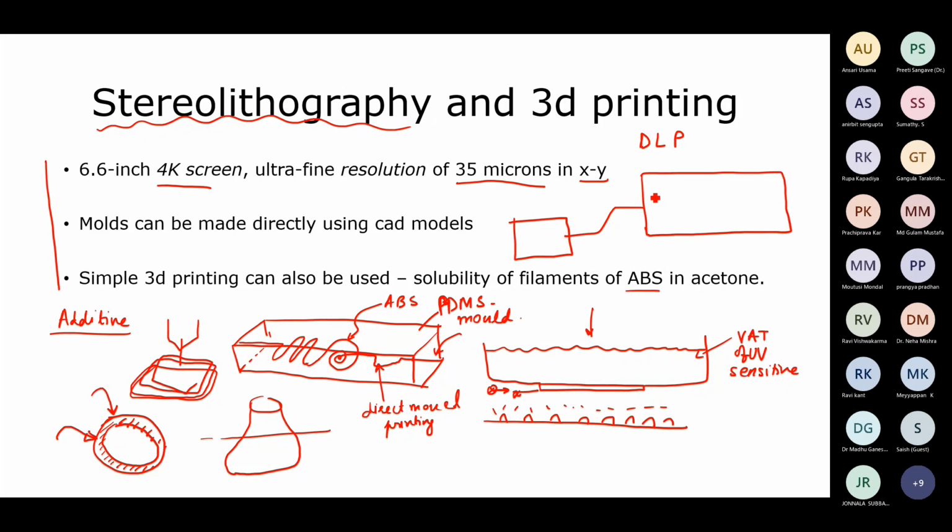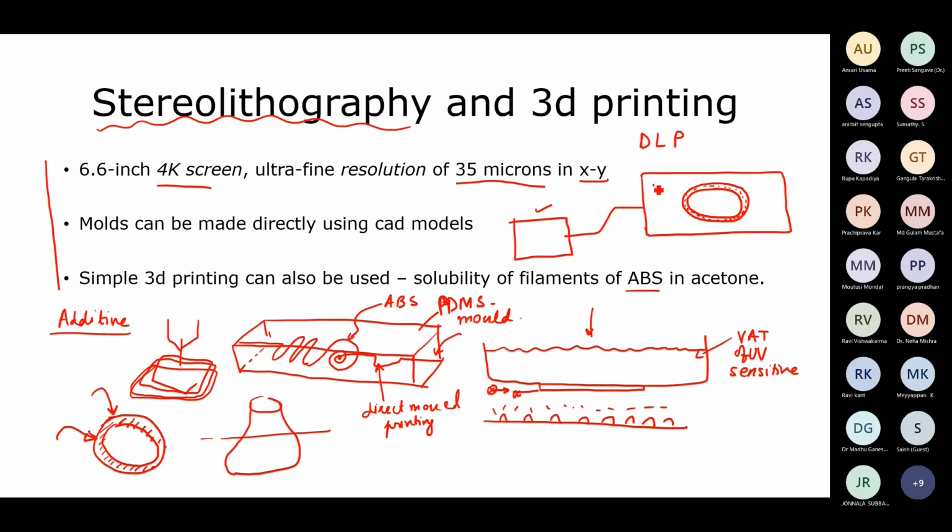So the processor will tell the screen to switch on only those pixels like this. The screen will only switch on the pixels in the annulus. When the pixels are switched on, the UV light is able to pass through these pixels.